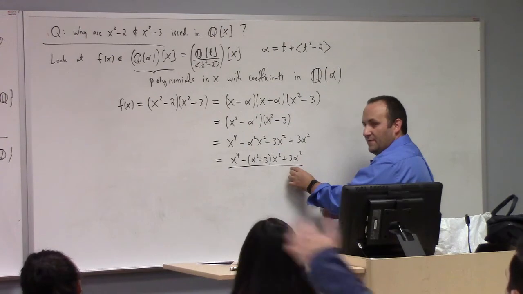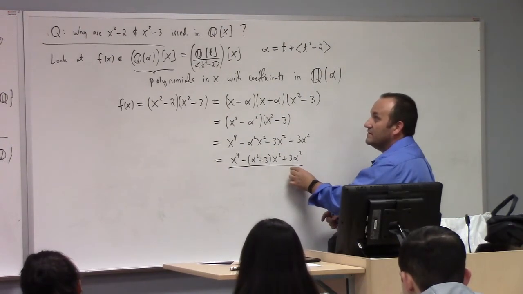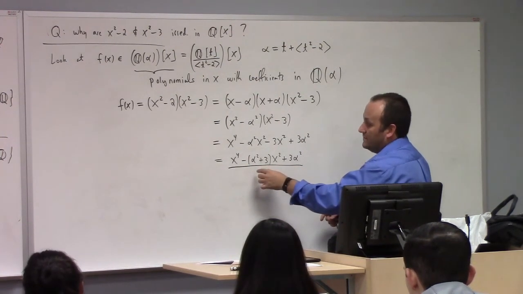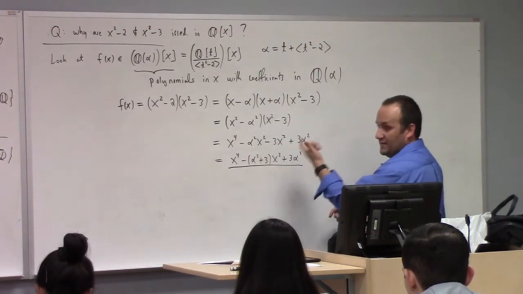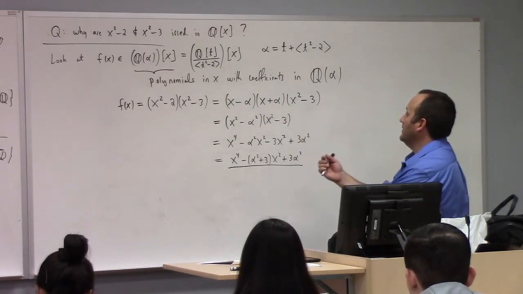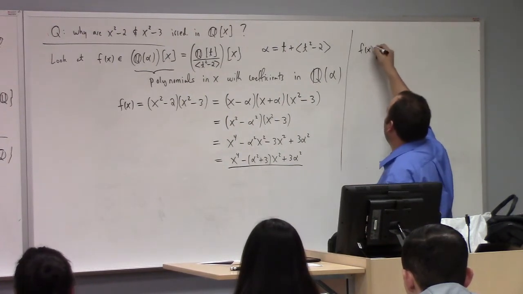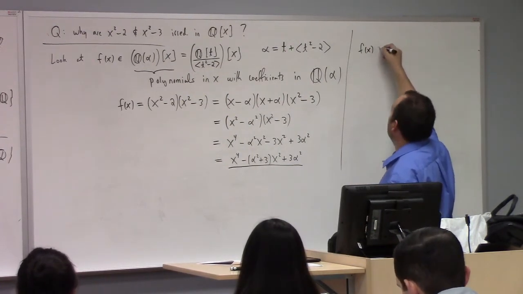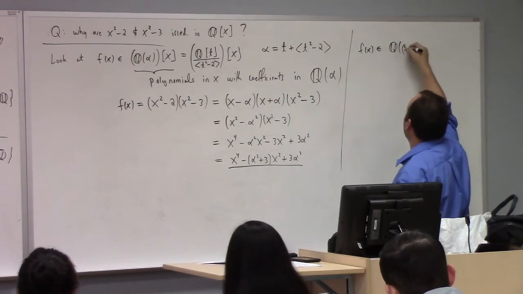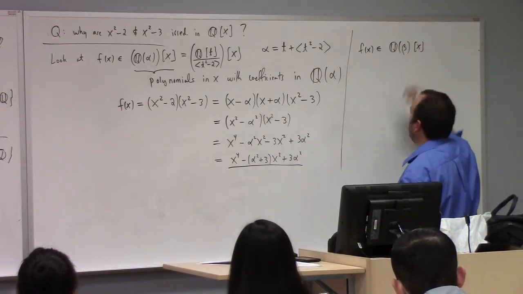Of course, if we think of alpha squared as what it is, which is morally 2, we're back to minus 5x squared plus 6, not surprising, right? I'm afraid to say this, but you can also look at f of x as being in Q adjoin beta, with coefficients like that.